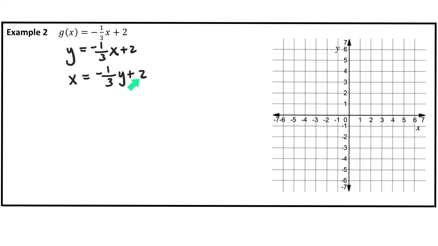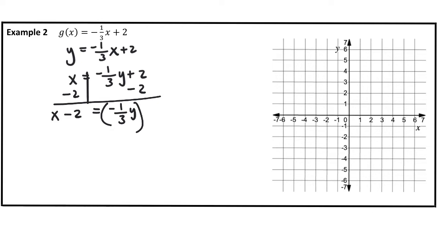So the first thing I want to get rid of is the plus 2. So I'm going to subtract 2, subtract 2. I get x minus 2 equals negative 1/3 y. So what's the opposite of dividing by a negative 1/3? Multiplying by a negative 3.